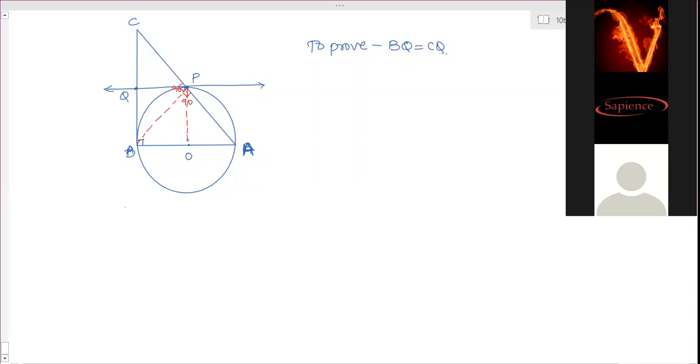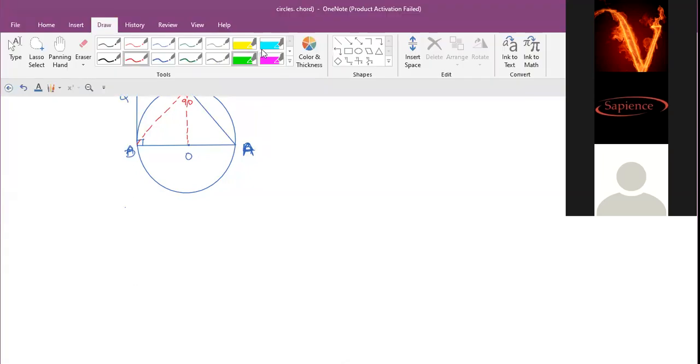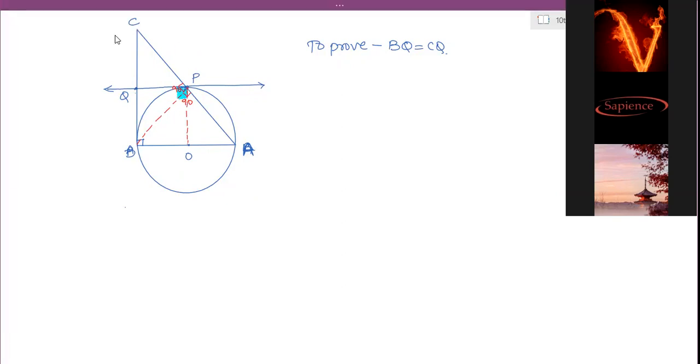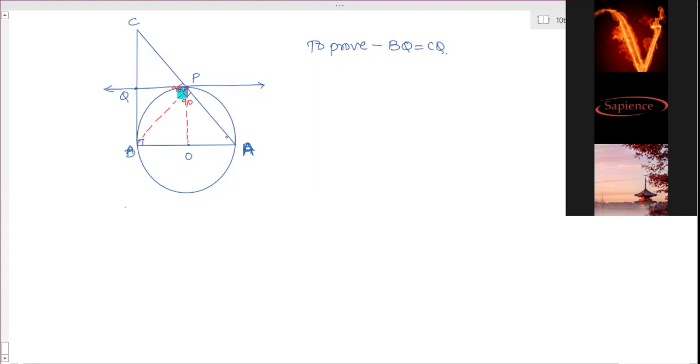Join OP. Then OPQ is 90 degree, this is also 90, right? Yes, ma'am. Now this is X, if we consider. Now what is this angle?